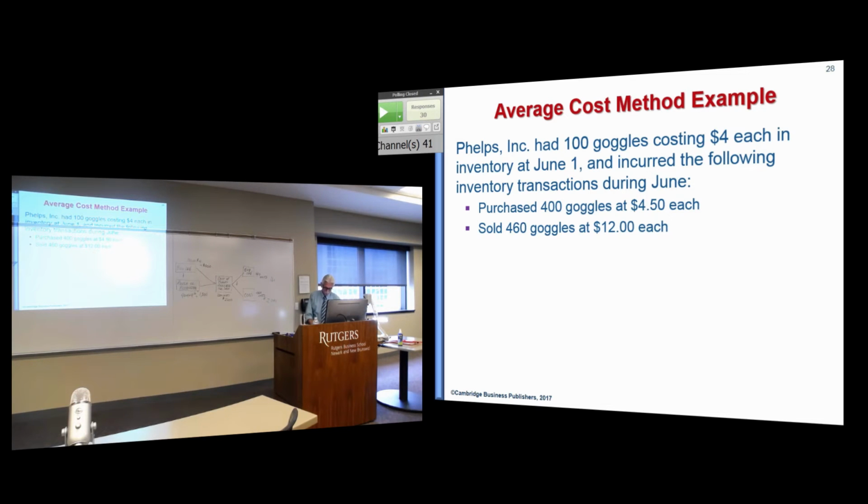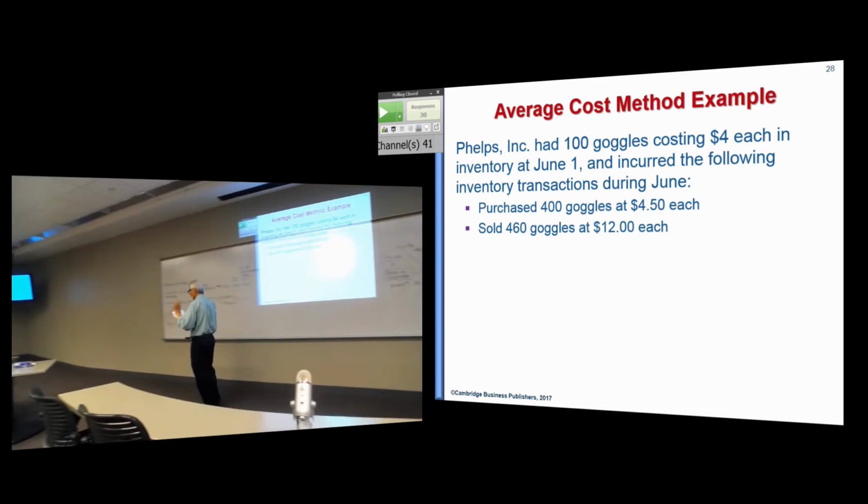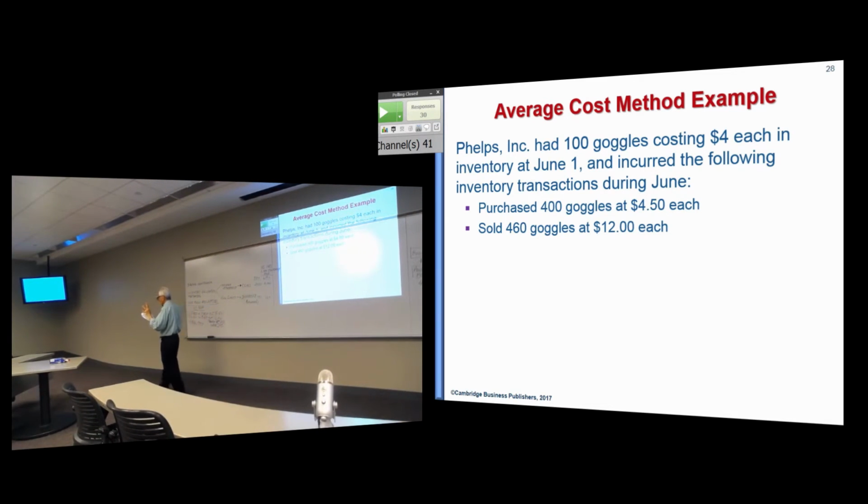So you've got a company that started the year with 100 goggles at $4. They go out and buy 400 at $4.50, and they sold 460 at $4.60.